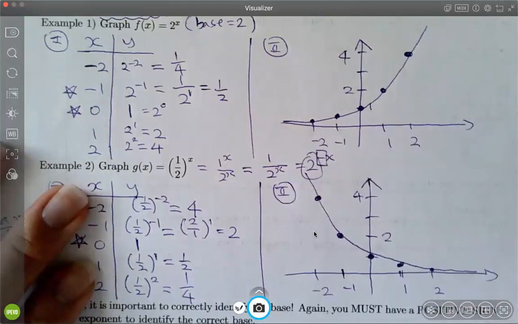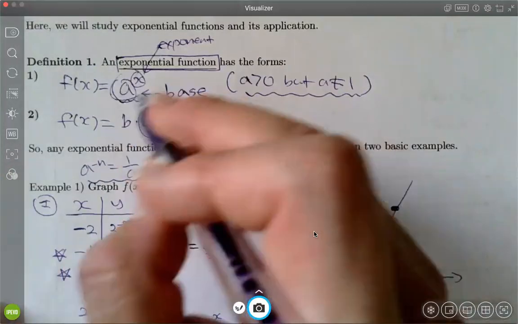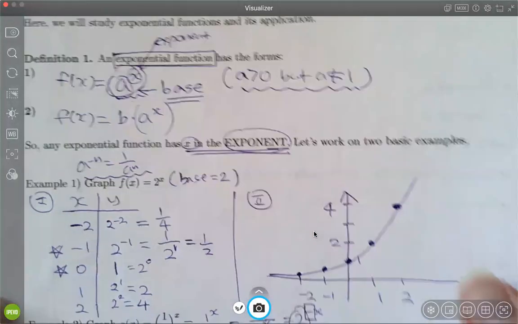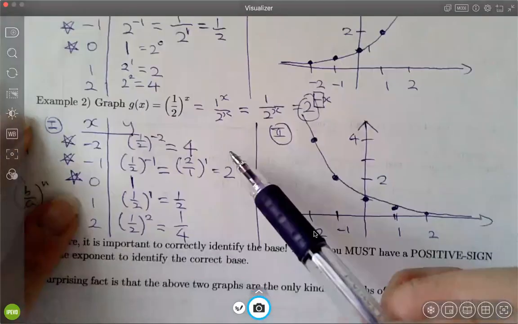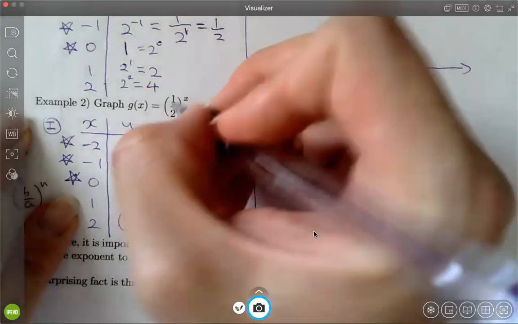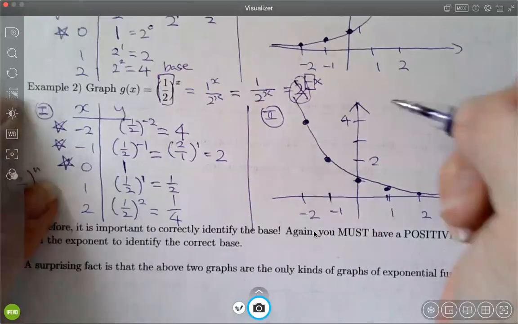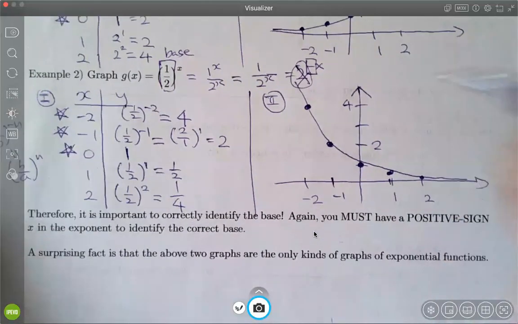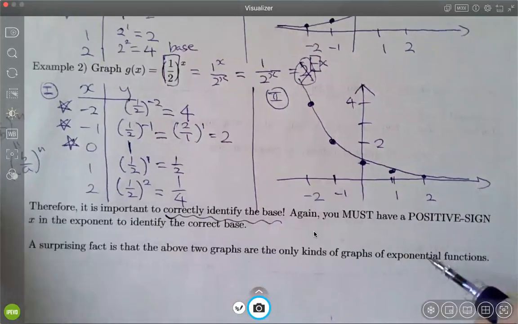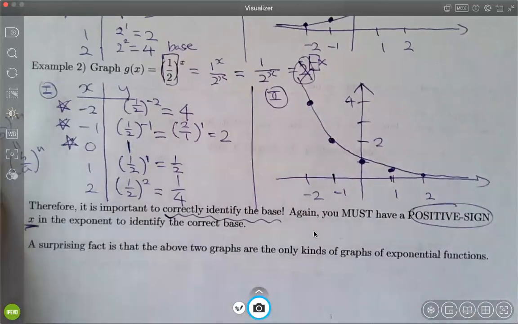If you look at the basic exponential function, it has a to the positive x, not a to the power negative x. So here, what is the base? This is not the base. What's the base? 1/2. So it is essential to correctly identify the base. Why? Because you must have a positive x in the exponent.